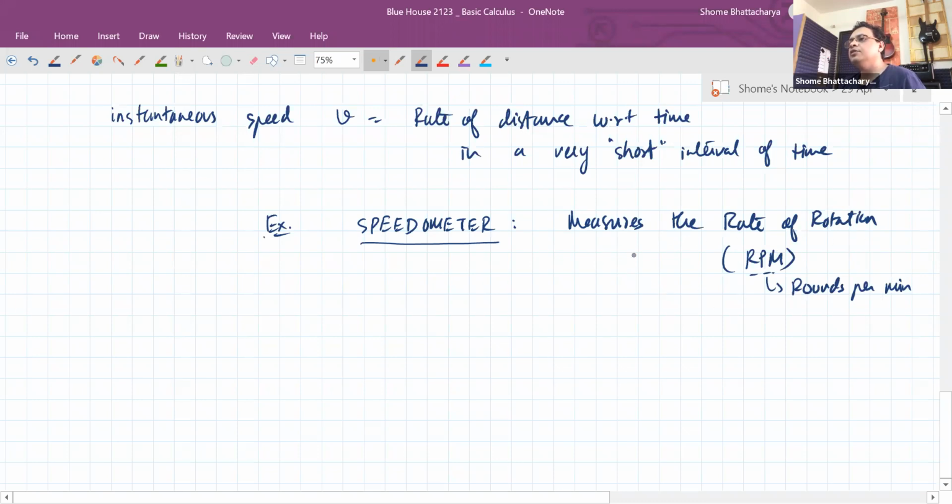So from the RPM value, it can calculate the time period per revolution, right?